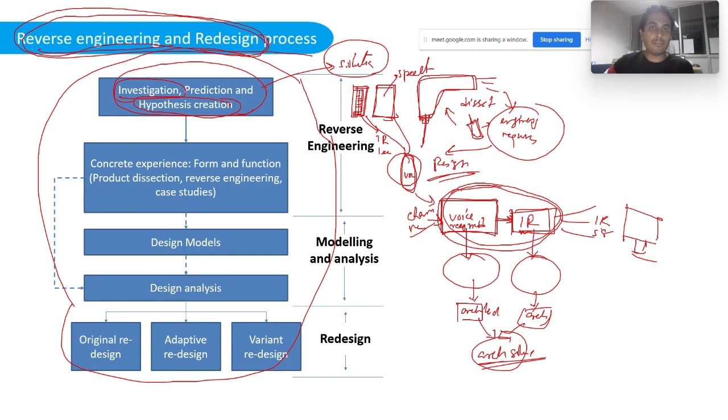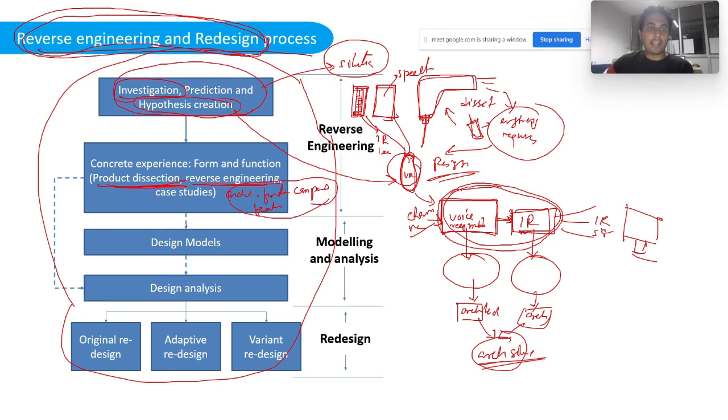So basically, first you come up with a hypothesis, an envisioned product, like a voice operated remote control. Then you do product dissections and reverse engineering to understand the product architecture, the functional components, and various features. All this you understand through product dissection.